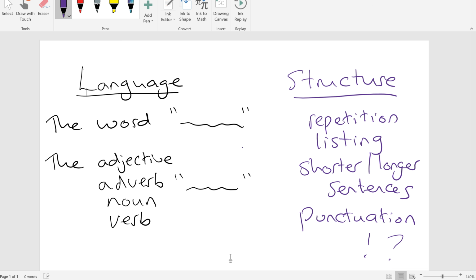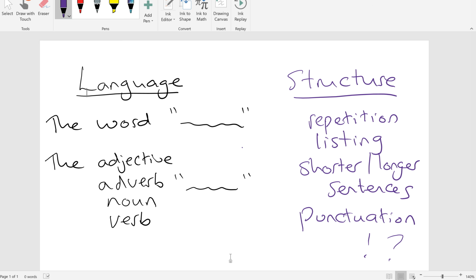And then structure is how the words are strung together. So people are pretty good actually at spotting things like repetition and listing and short sentences, but the problem comes in that people don't really know how to explain why it relates to the narrator's thoughts and feelings, okay? So I would say the top tip here is to say it emphasizes, okay?